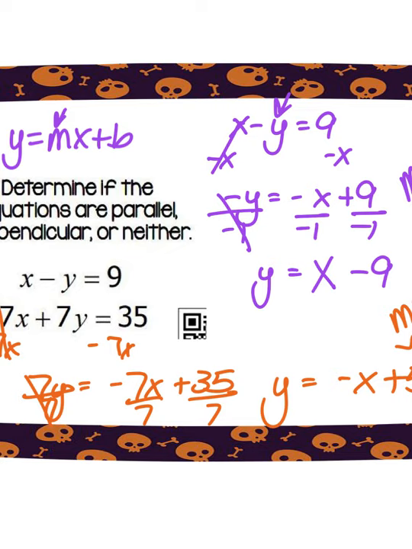Think perpendicular? Let's talk about this. So let's see. Parallel. Definitely not parallel because they're not identical, right? Now perpendicular. Let's think about this. 1 as a fraction is 1 over 1, correct? If I'm going to write the negative reciprocal of that, it would be -1 over 1. What does that mean?